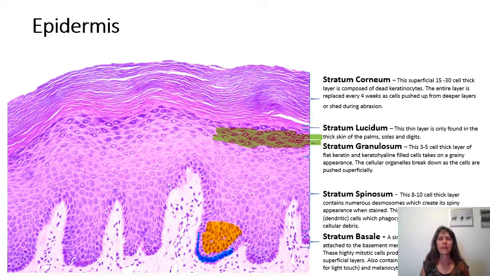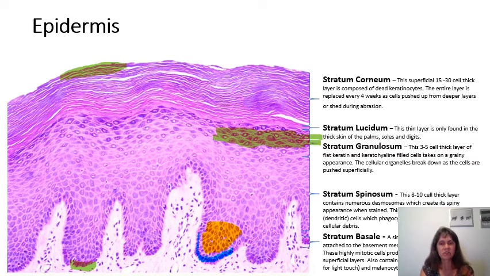Remember that the epidermis is stratified squamous epithelium because we look at where the tissue begins down here at the bottom, and we look at the shape of the cells on the apical surface. So we have many layers of cells, meaning that it is stratified, and because they flatten out at the apical surface, we call it stratified squamous epithelium.